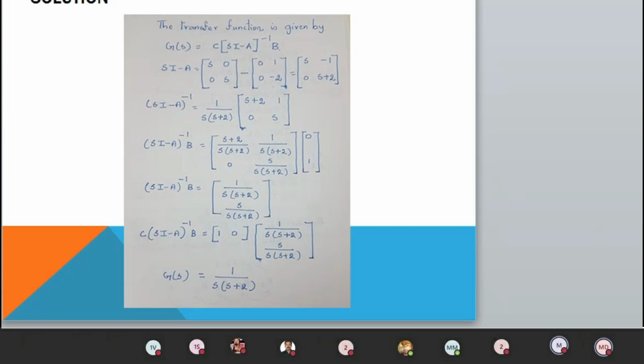Always understand the state transition matrix is time domain. Transfer function is frequency domain. Never forget this concept. I'm warning you: the state transition matrix is time domain in exponential, and the Laplace transform is frequency domain.